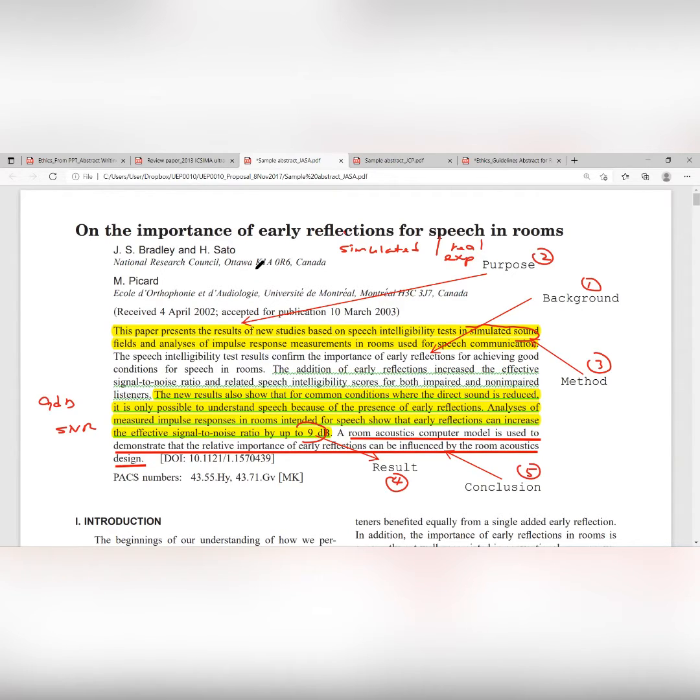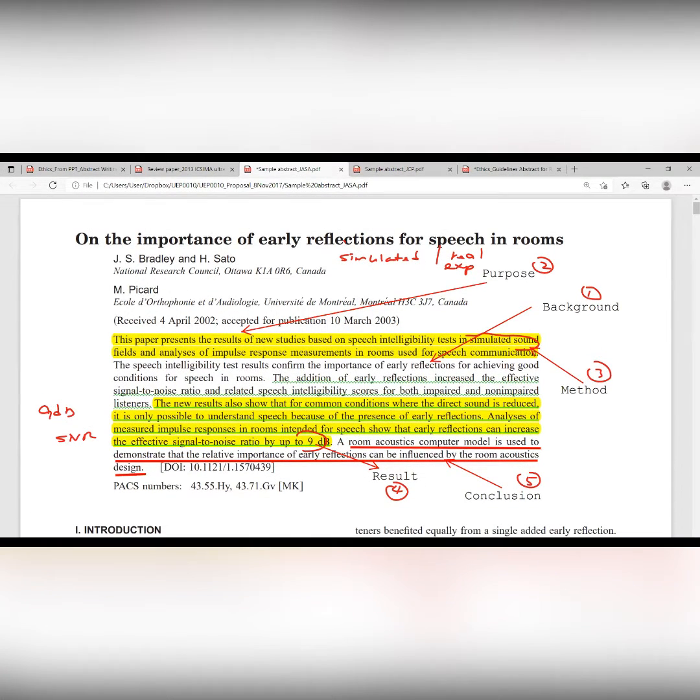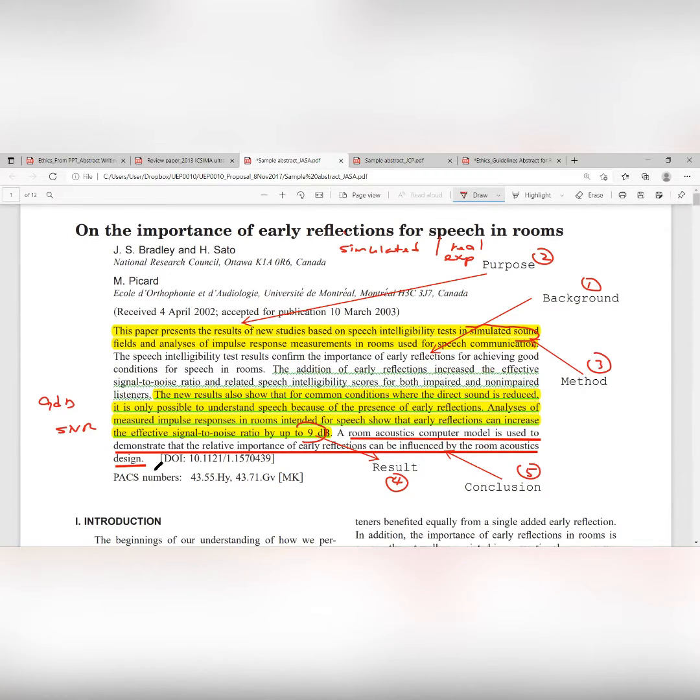If you are interested in the finding and how they did this, you can check the paper for further explanation. Finally, they concluded that the room acoustic computer model is used to demonstrate that the relative importance of early reflection can be influenced by room acoustic design.